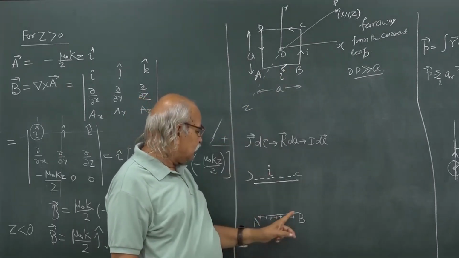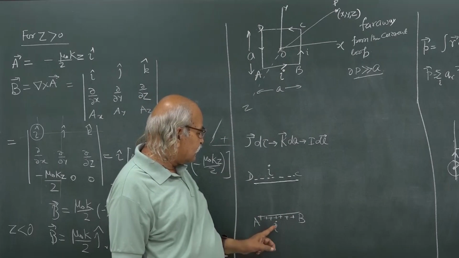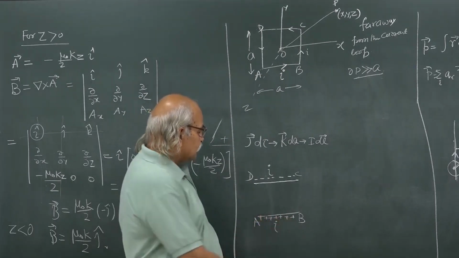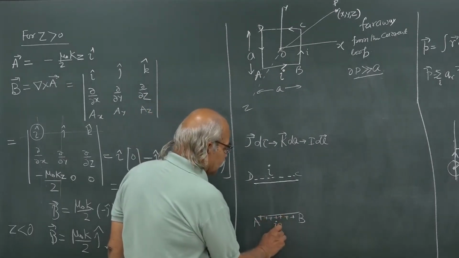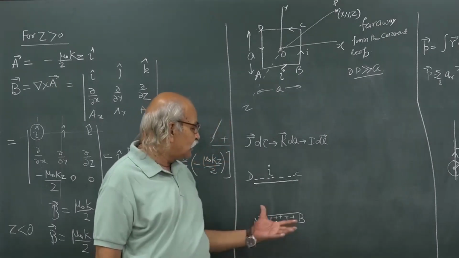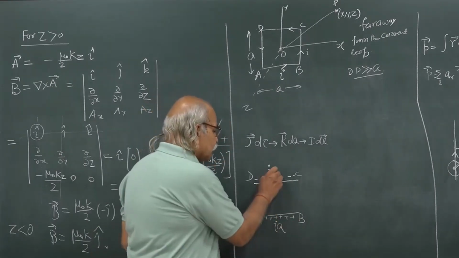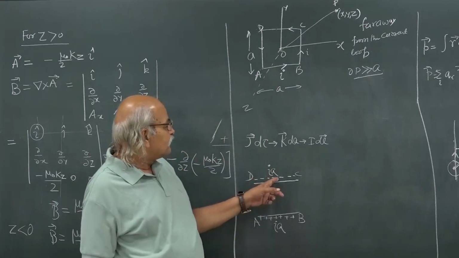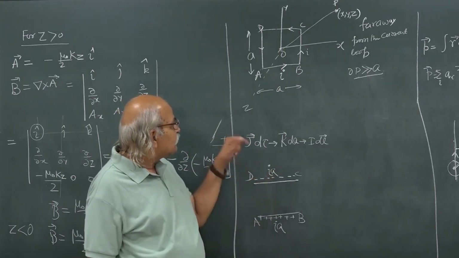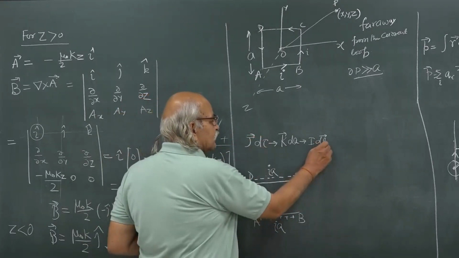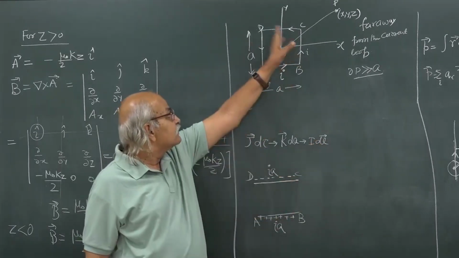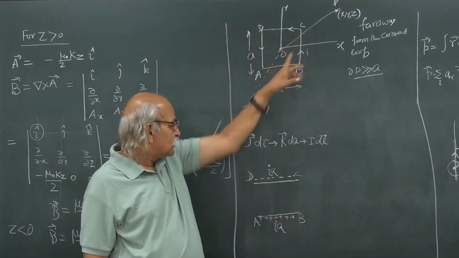Total charge assumed here is I times A, and similarly minus I times A, because we have to take the x component of this current element dl, and the dl is in this direction, and therefore the x component is negative.